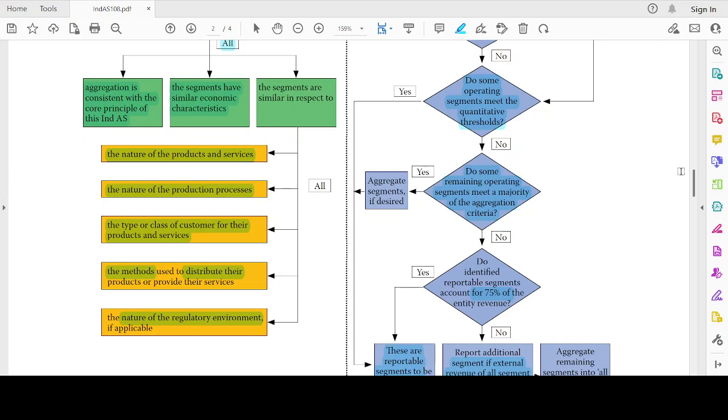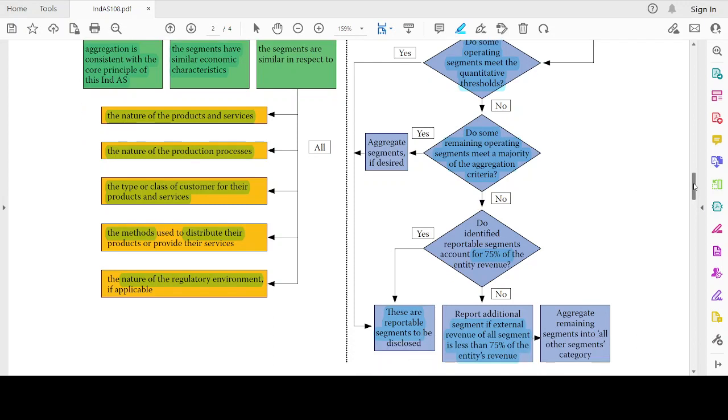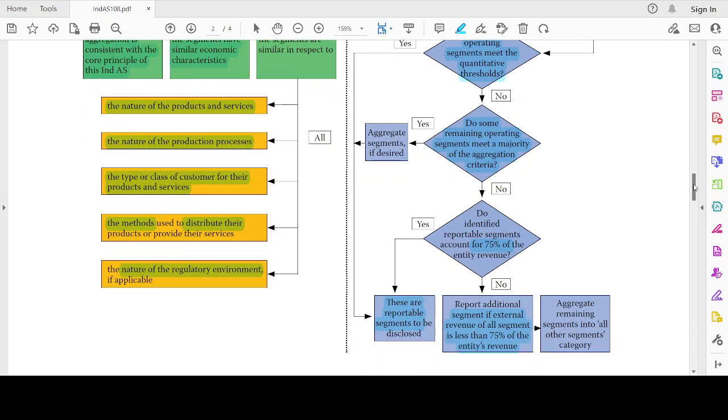Okay. Also check whether identified reportable segments account for 75% of the entity's revenue. If it is yes, okay. If it is no, additionally I have to meet 75%, right?